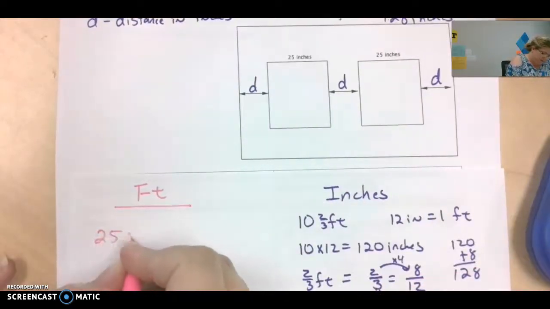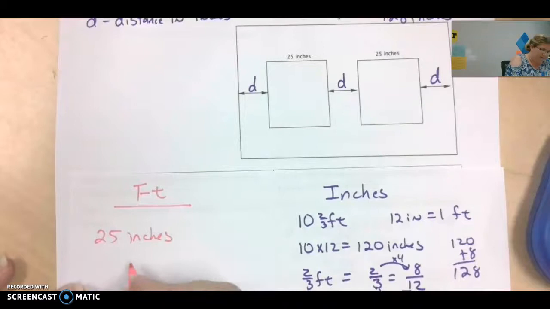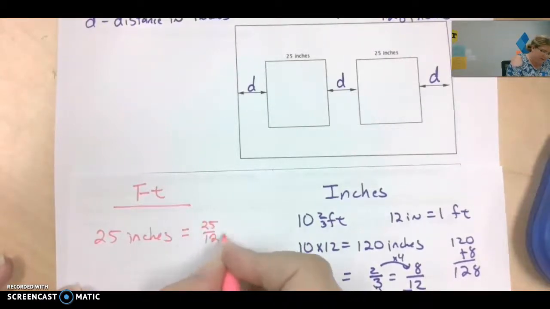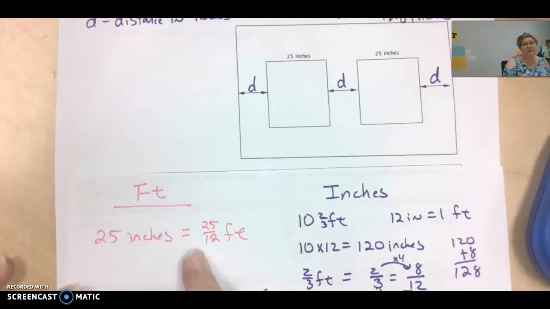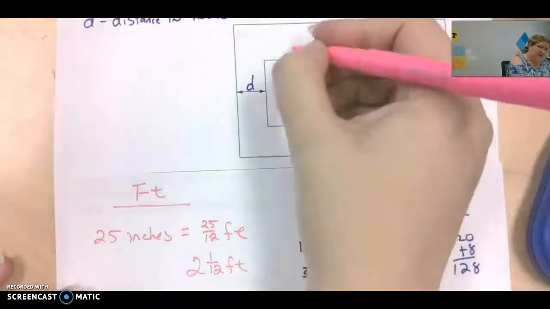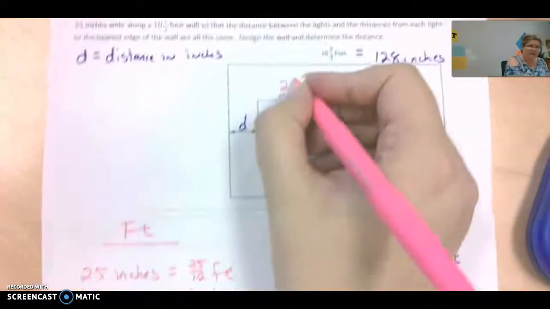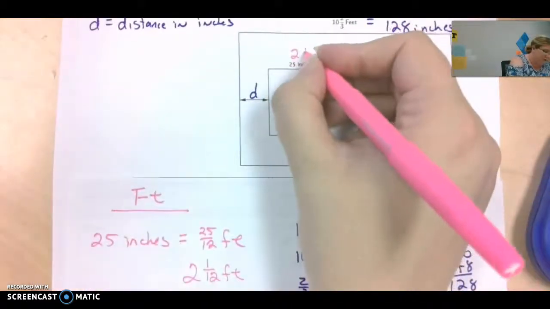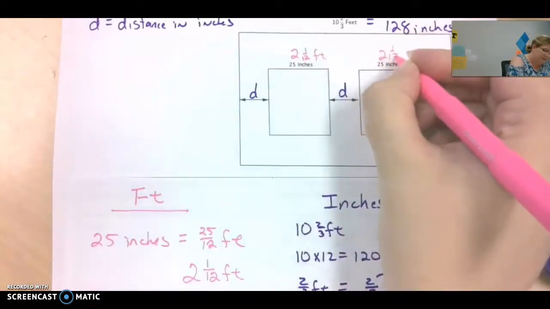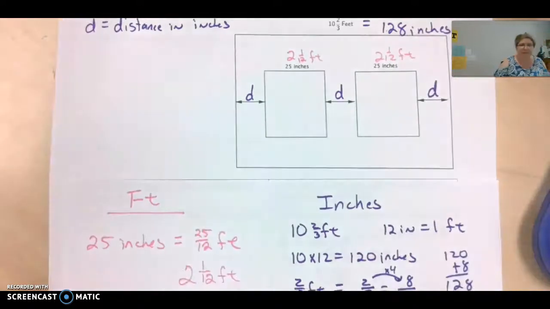So 25 inches would be 25 out of 12 feet because there's 12 inches in 1 foot. So that would be 2 with 1 left over out of 12 feet. So right here in my diagram, 2 and 1/12 foot, 2 and 1/12 foot.